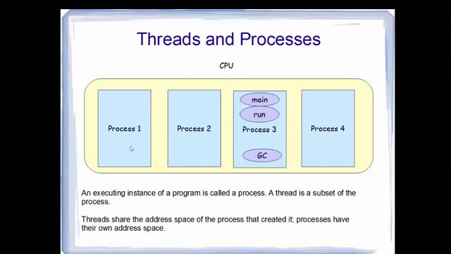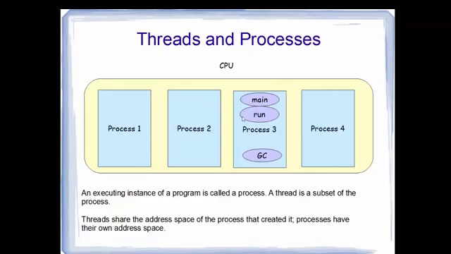So these are different processes running. What is a process? An executing instance of a program is called a process. So process 1, process 2, process 3 and process 4 are executing instances of programs. Now a thread is a subset of a process.